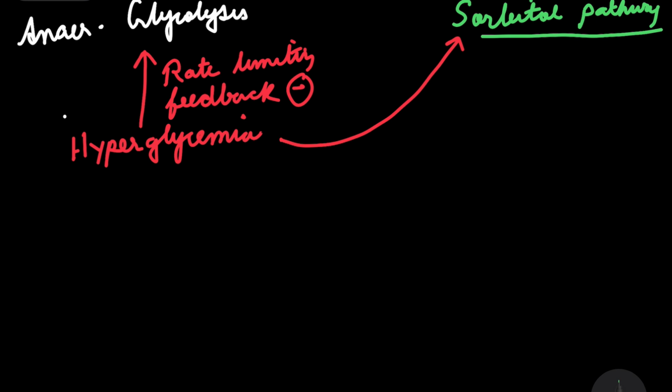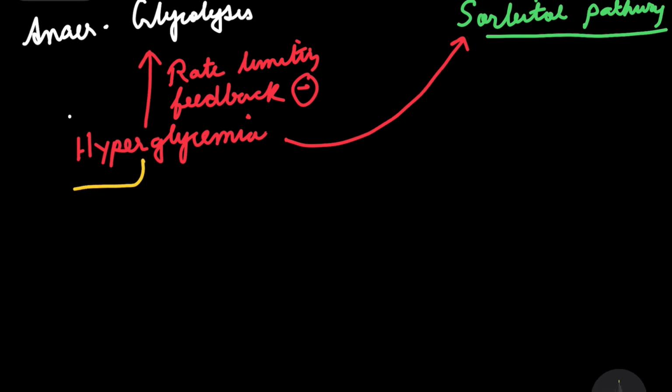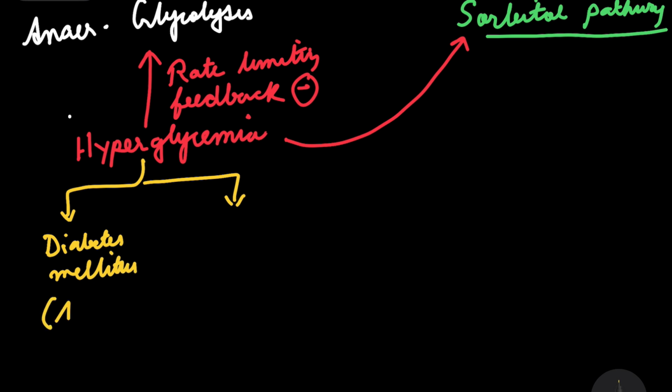Now, what are the conditions where hyperglycemia can be seen? Obviously, goes without saying, diabetes mellitus. But diabetes mellitus is more or less concerned with adults, less in children. We'll see that there is a variant of diabetes mellitus which is more in children, DM type 1.